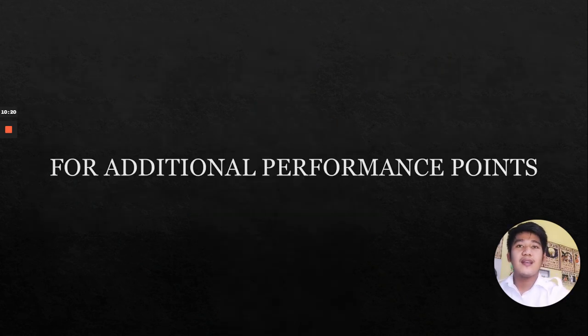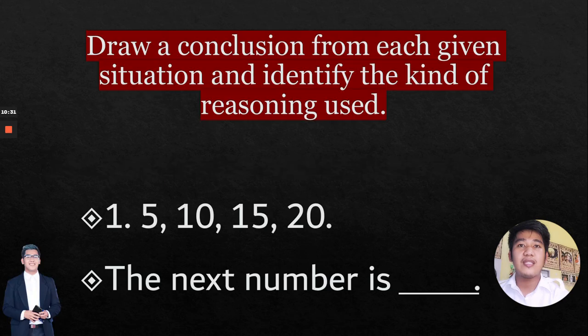And with this, if you want additional performance points, answer the following. Follow the instruction, which is to draw a conclusion from each given situation and identify the kind of reasoning used. Take note, you will get performance task additional points.